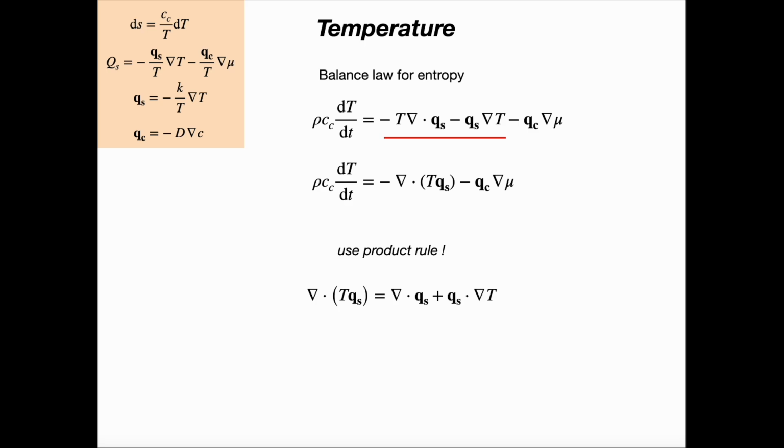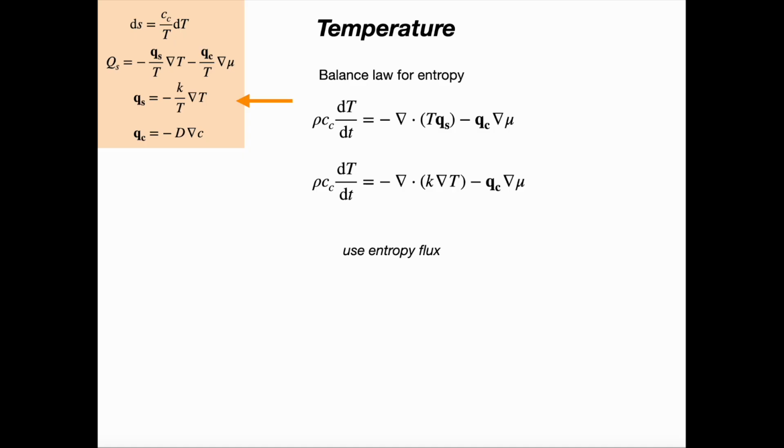Now we can use the product rule. You see this term here, T divergence Qs and Qs gradient T. It's nothing else than the divergence of T Qs. So we can substitute this into one term, and the equation is already quite simplified.